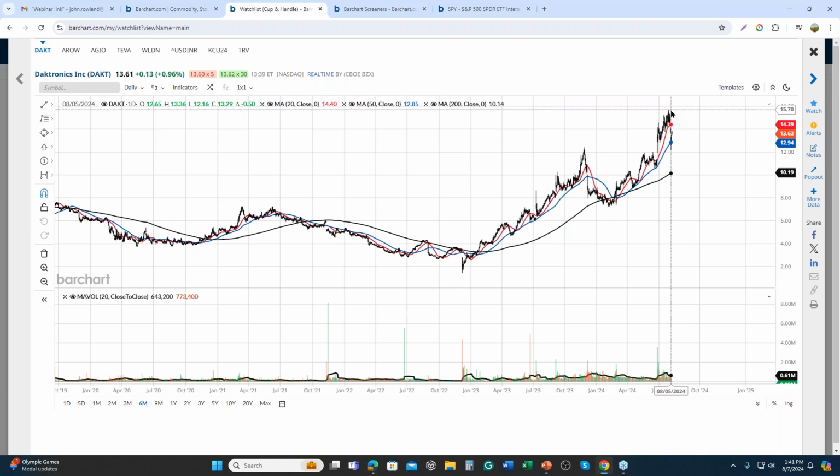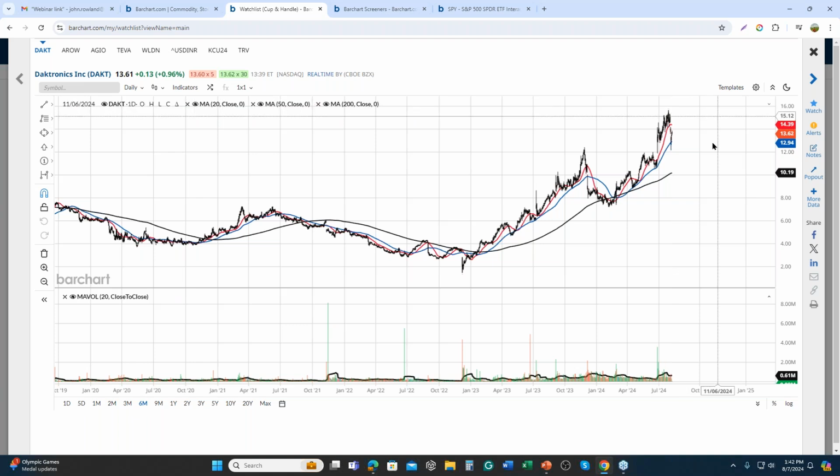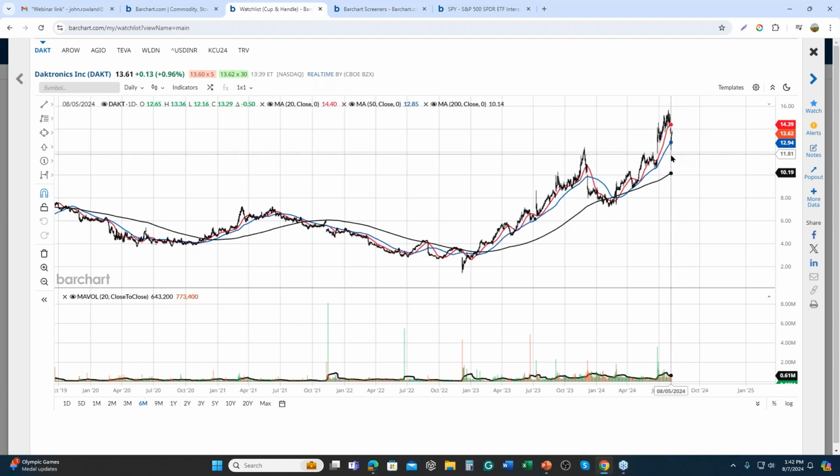Our target, as trade management, would be where this recent peak top is. So then my entry could be based on a formula of where my risk is versus where my potential reward is. So keep that in mind.